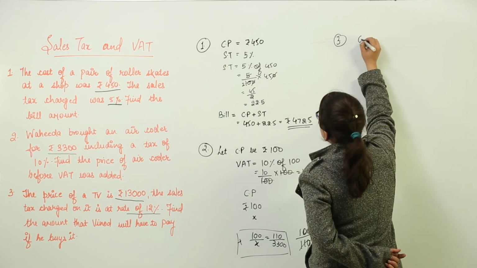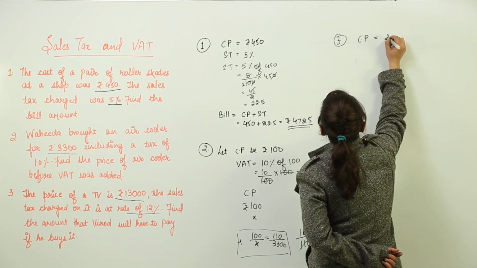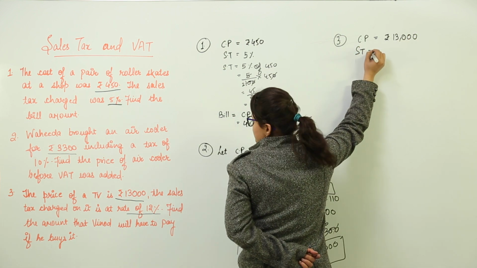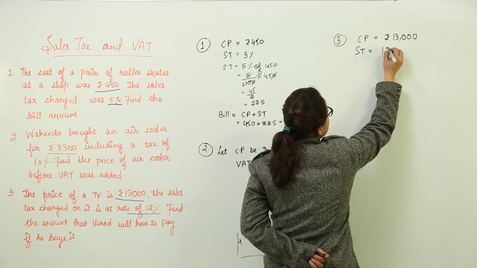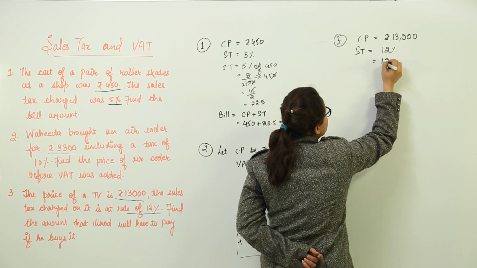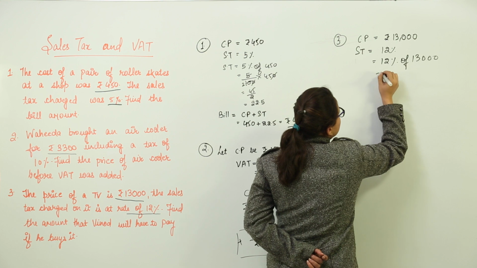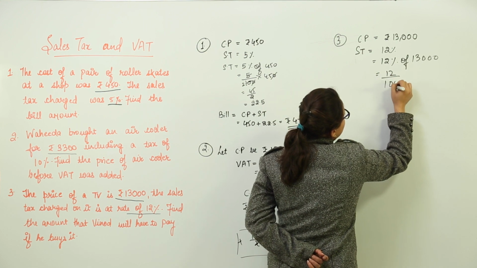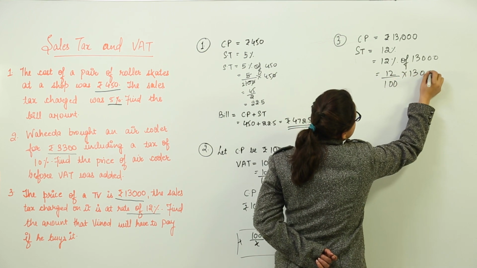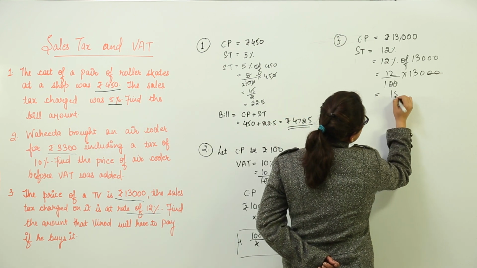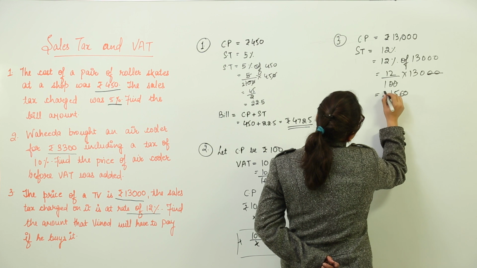We will write the cost price of the TV, that is equal to rupees 13,000. We have the sales tax percentage also, which is 12%. So while calculating sales tax, we will do 12% of 13,000, that will be equal to 12 upon 100 into 13,000. The zeros get cancelled. We get the sales tax as 1560 rupees.